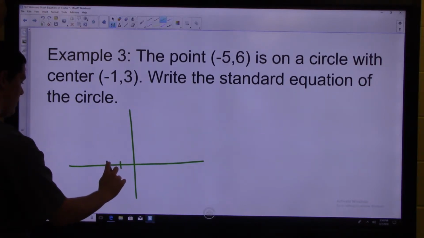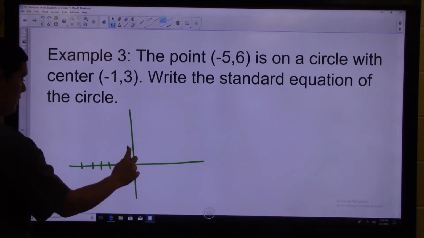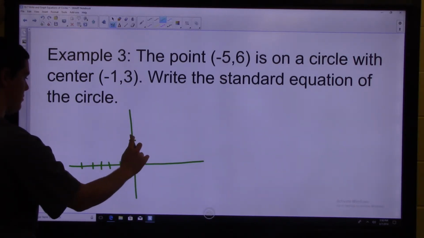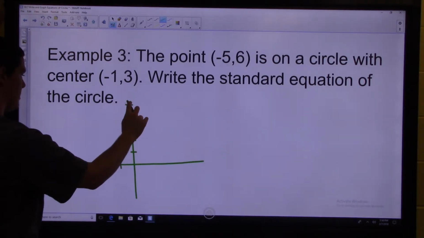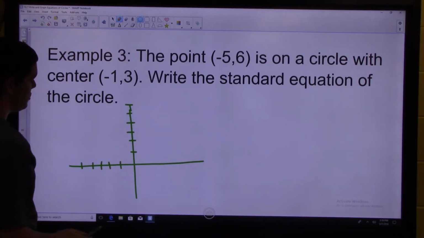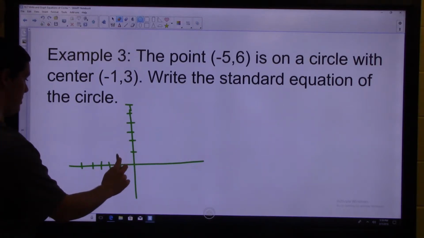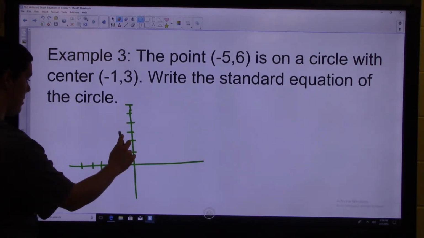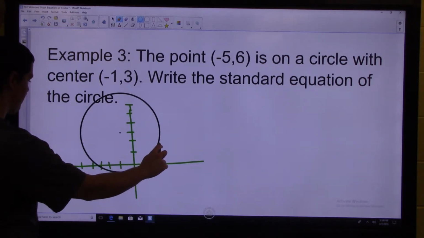So that's -1, 2, 3, 4, 5. 1, 2, 3, 4, 5, 6. Okay, this probably isn't going to work very well. I probably should have used graph paper, but let me try to draw this. So -1, 3 is the center, so that'll be about right there. And then I'm just going to make it bigger. Yeah, that's not working out for me.